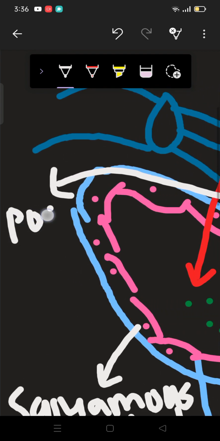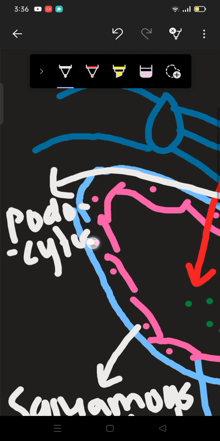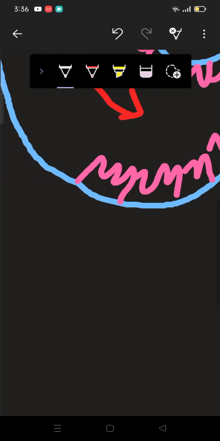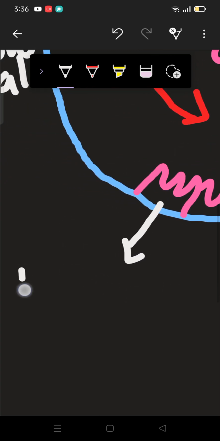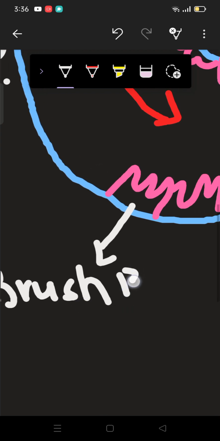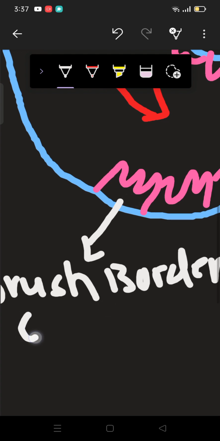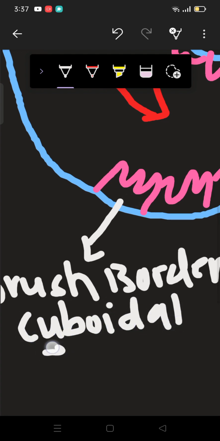These are podocytes. In the PCT we have cells which are known as brush border cuboidal epithelial.